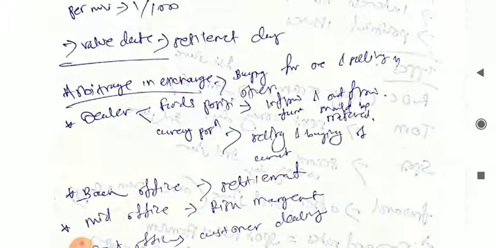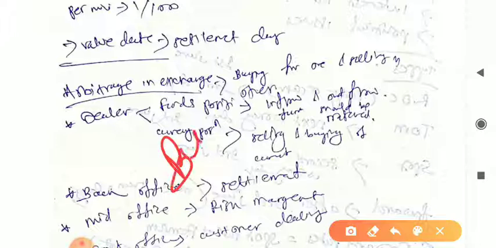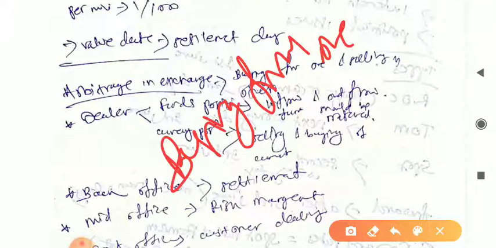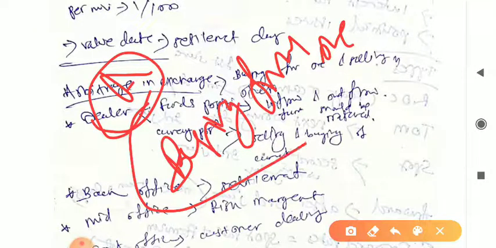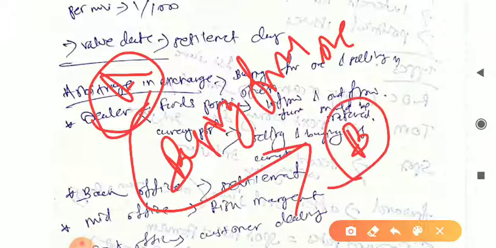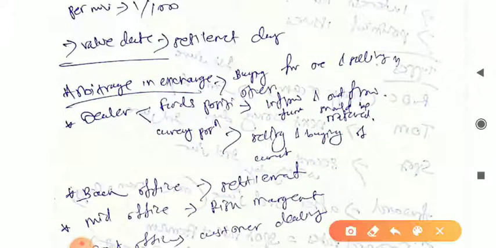Arbitrage means buying from one and selling in another. If someone is buying from market A and selling in market B, then arbitrage happens, right?